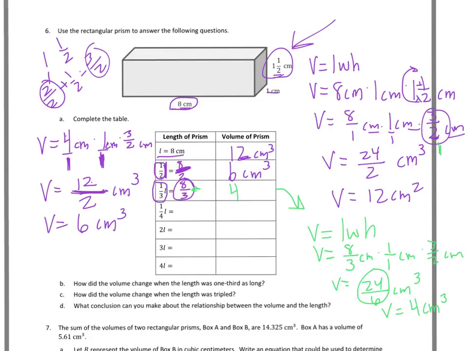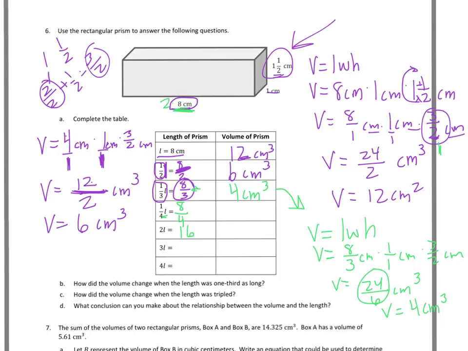So you're seeing, now if I take a fourth of my length, it's 8 over 4. That's my new length that I can put in. 2L means 2 times the length. So if I do 2 times that, I'll get 16.